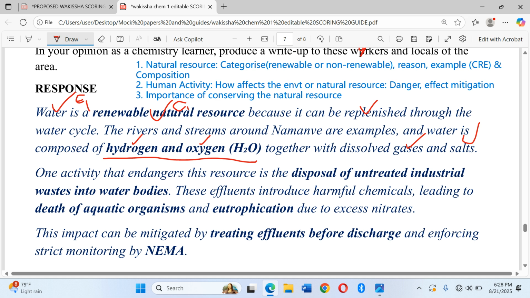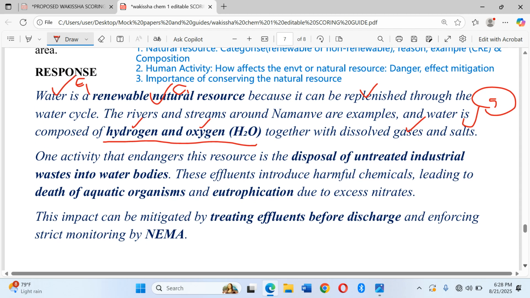You can see here we have 3 scores, and here you have 2 scores, and this first paragraph can give you around 5 scores. Then the second paragraph is where we talk about the human activity, how it affects the environment, its danger, effect, and the mitigation. So let's see which human activity.